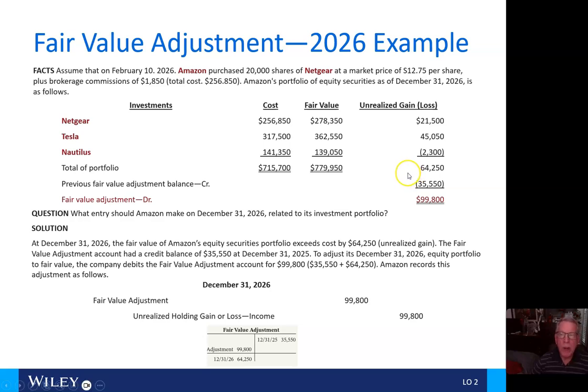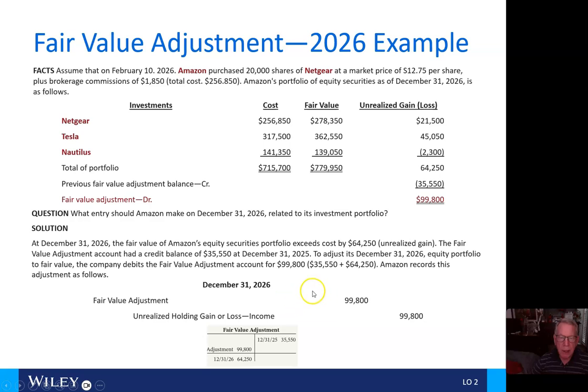So here we had a gain of $64,250,000. That change was $99,800,000, a fair amount. So what are we going to do?